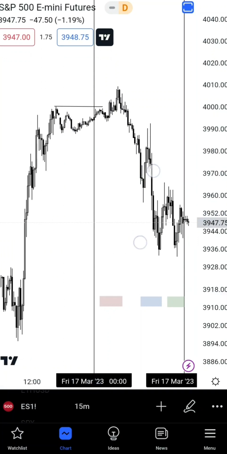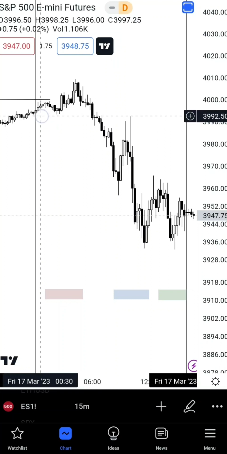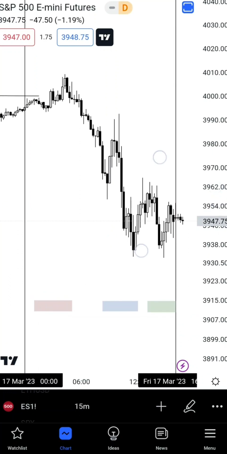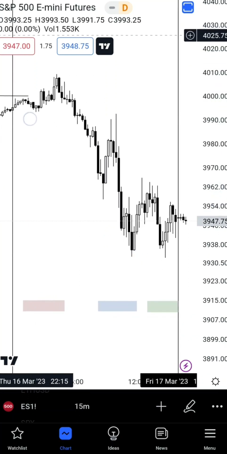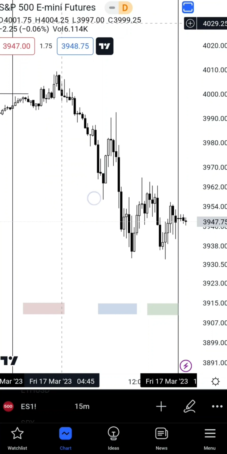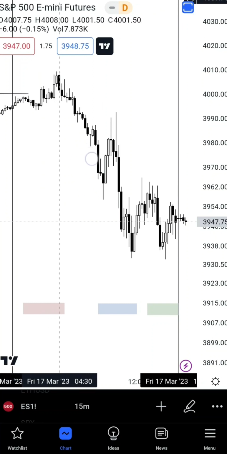So when we see this and we see a rally from the opening price into a higher time frame PD array, which is for you to find and me to know. So we rally after the opening price. During London and at the end of London session, we get a bearish order block.